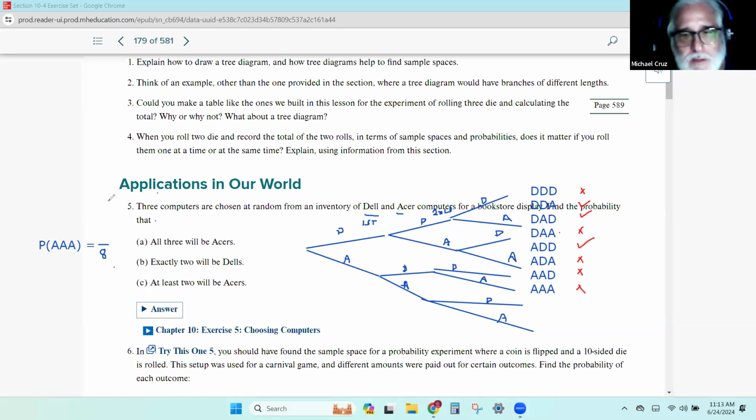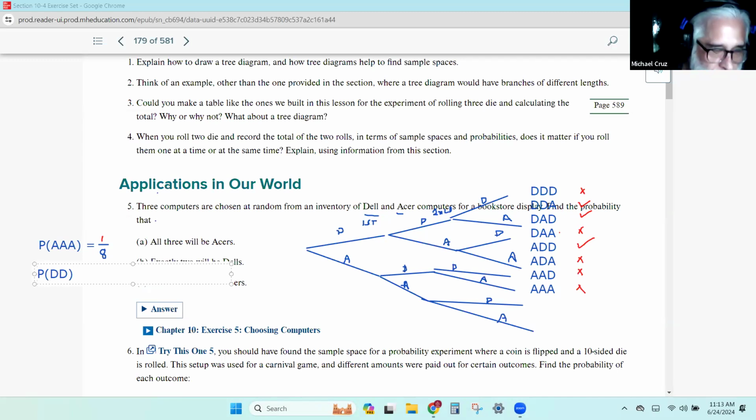So out of these, the probability of Dell, we're just going to say we don't care about the third one. We know it'll be an 8th, sir, but how many of those are there? Well, there's 3.